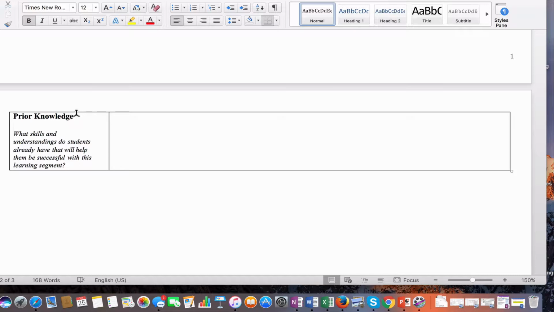Then if you're working with particular skills and understandings in a discipline, if you're doing a basketball unit, for example, and you're imagining that it's 8th grade, some of your students are going to have some prior knowledge working in basketball. So they're going to have some rudimentary skills, you can assume.